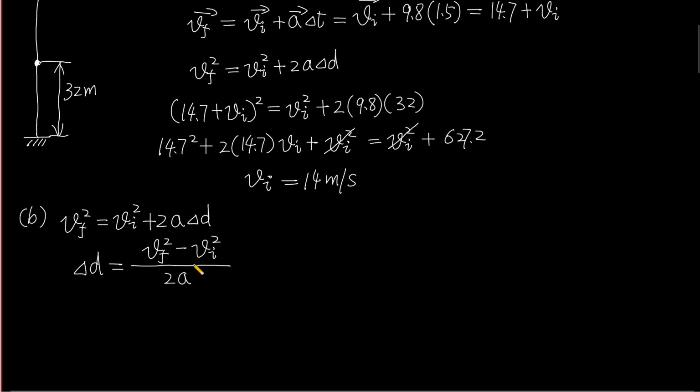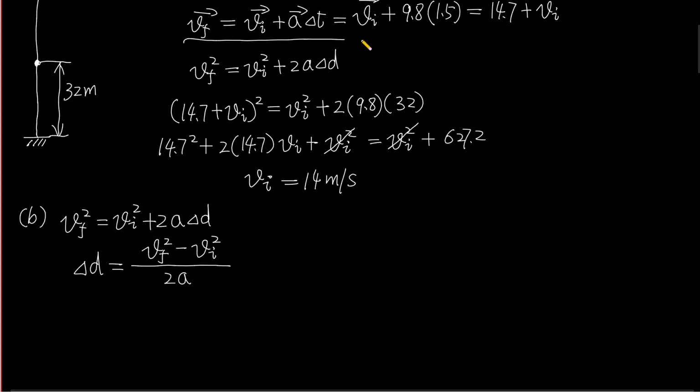For the total displacement, the initial velocity is 0, and we know the acceleration. So to find the total displacement, we just need to find the final velocity. The final velocity is the velocity when the ball hits the ground.